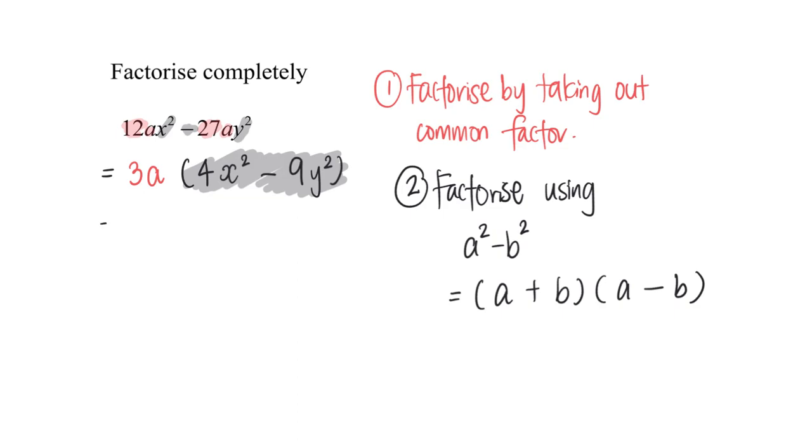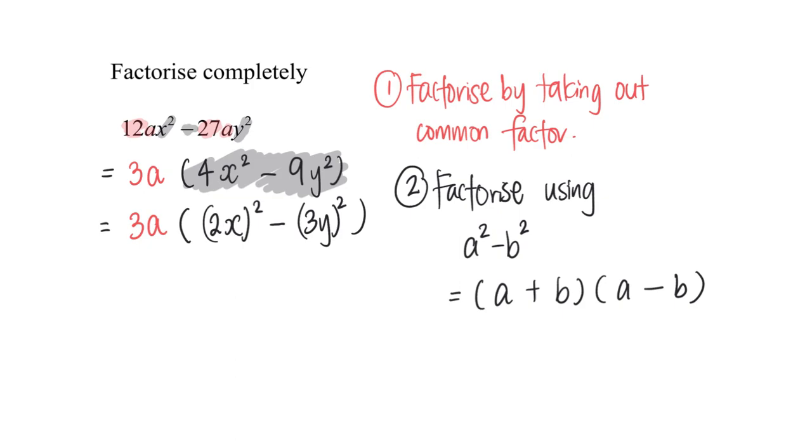So for this particular question, I'm going to rewrite it so that it's easier for you to see. 4x squared, I can rewrite it as 2x squared, because 2 times 2 is 4. 9y squared, I can rewrite it as 3y squared. 3 times 3 is 9, y times y is y squared.